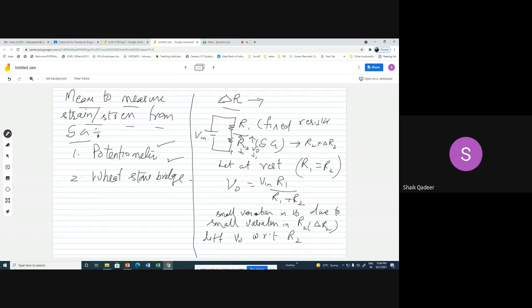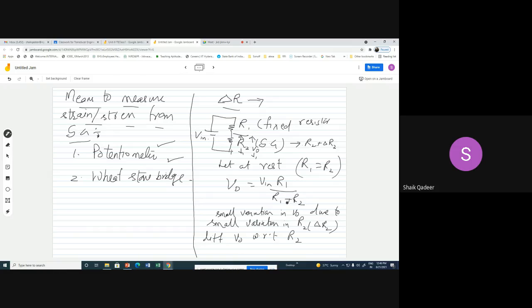This particular expression can be used to measure the output voltage for bigger variation in R2 or bigger variation in R1. We fix V in, we fix R1, right? There is only one variable in this equation. So this equation can be used to measure or sense bigger variation in R2.